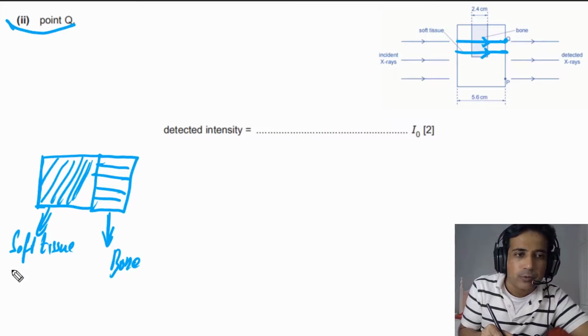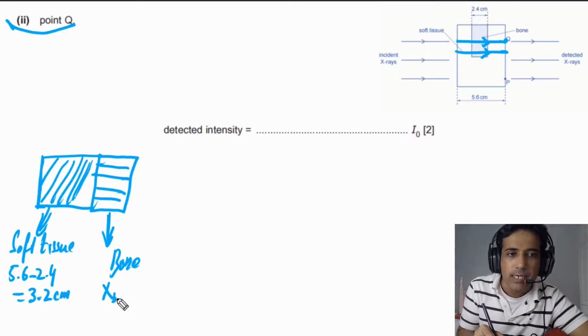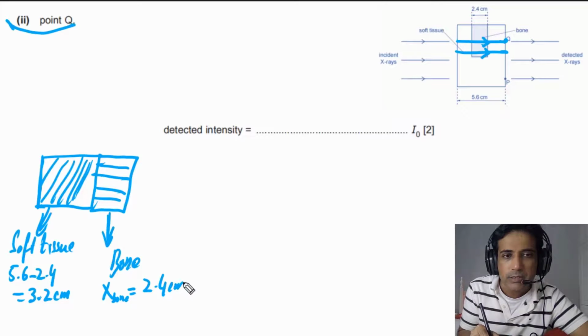Thickness of soft tissues, we can simply find out that one will be equal to 5.6 minus 2.4, and this one will be equal to 3.2 centimeters. And the thickness of bone is given to us. X bone we can write down. X bone is given, that is equal to 2.4 centimeters. Simply you can read from here.